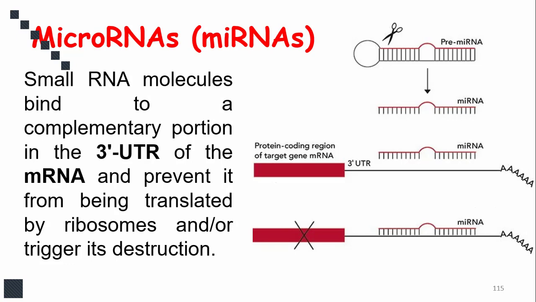But then this small molecule will come and bind to the messenger RNA and make that portion double-stranded. So the moment other machineries identify that the messenger RNA has become double-stranded, they will assume that it is damage, and because it's damage, it needs to be removed. And that is why it can be removed.